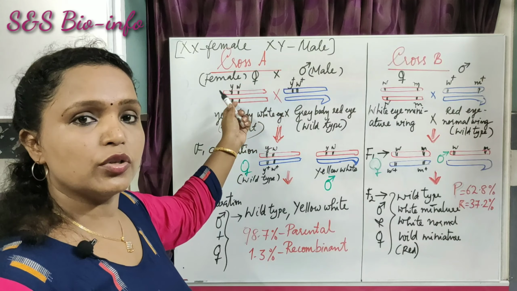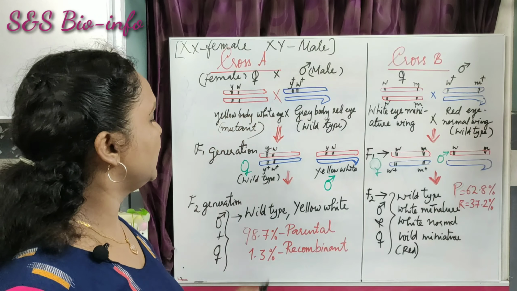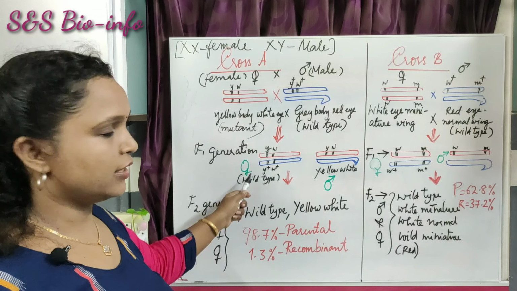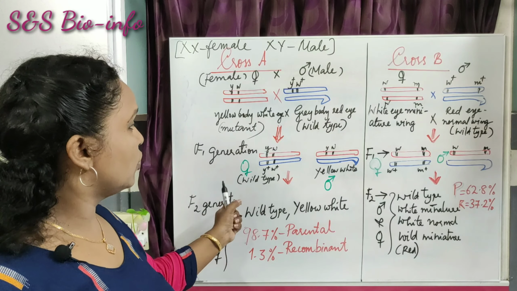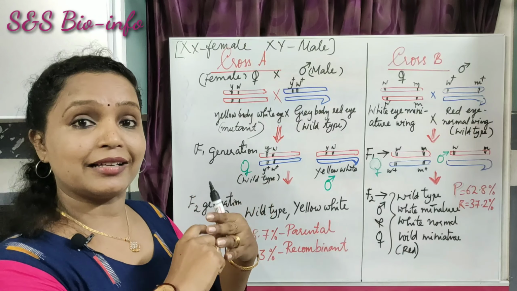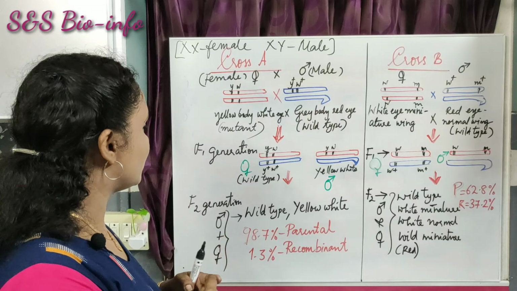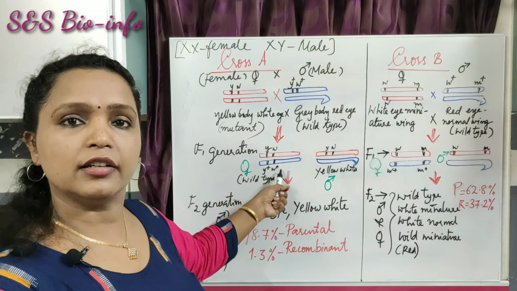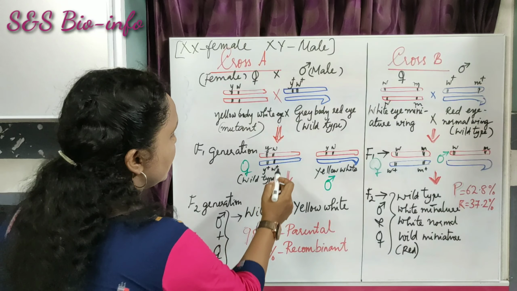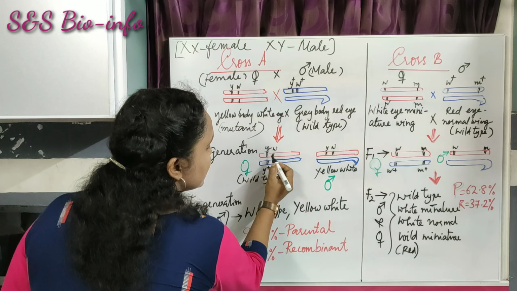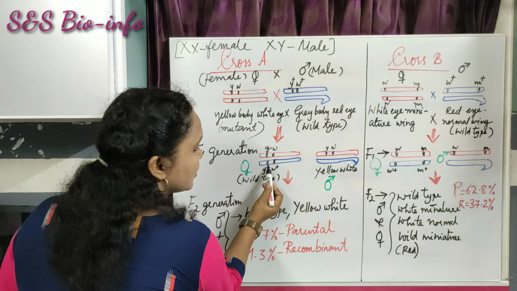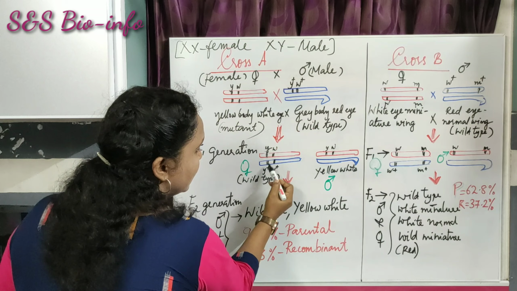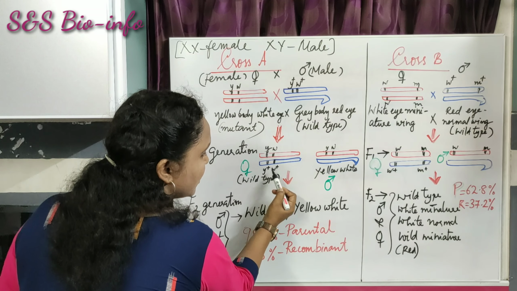After crossing these two, female and male, the result of the F1 generation was like this. The sexes were exchanged, that means intercrossed. The female is wild type: one X chromosome has the two recessive genes, and the other X chromosome, from the male, has y plus and w plus.